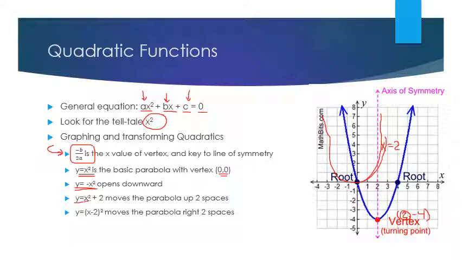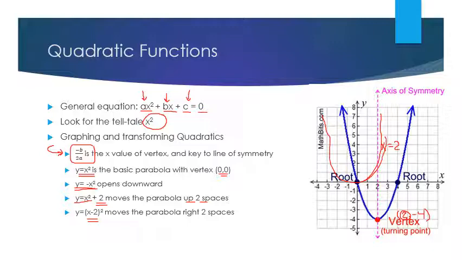If it's the basic formula and a number is added or subtracted after the number is squared, this moves the parabola up or down. With plus 2, it moves it in the positive direction or up 2 spaces. If there is an addition or subtraction inside the parentheses before they're squared, this moves the parabola left or right.